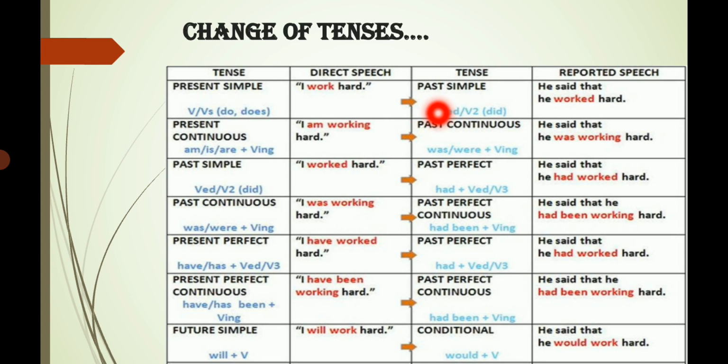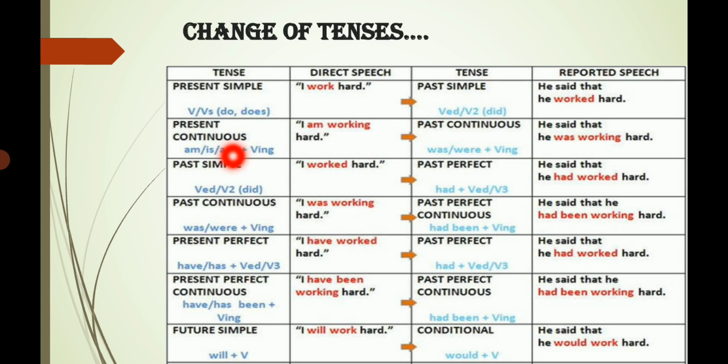Make sure that if there is present tense or future tense in the reporting speech outside of the commas, there will be no change of tense, only change of pronoun and change of time and place will happen.